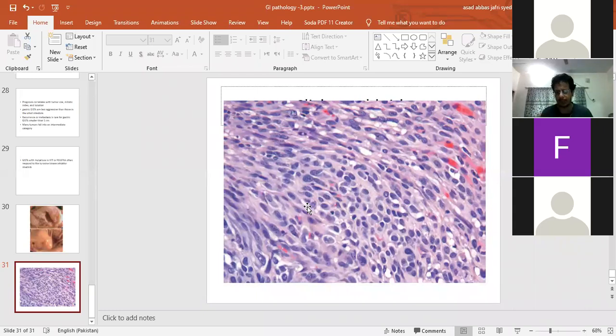It is present in over 95% of gastrointestinal stromal tumors. It is more sensitive as a marker for picking up GIST than CD117. Okay, this is it.